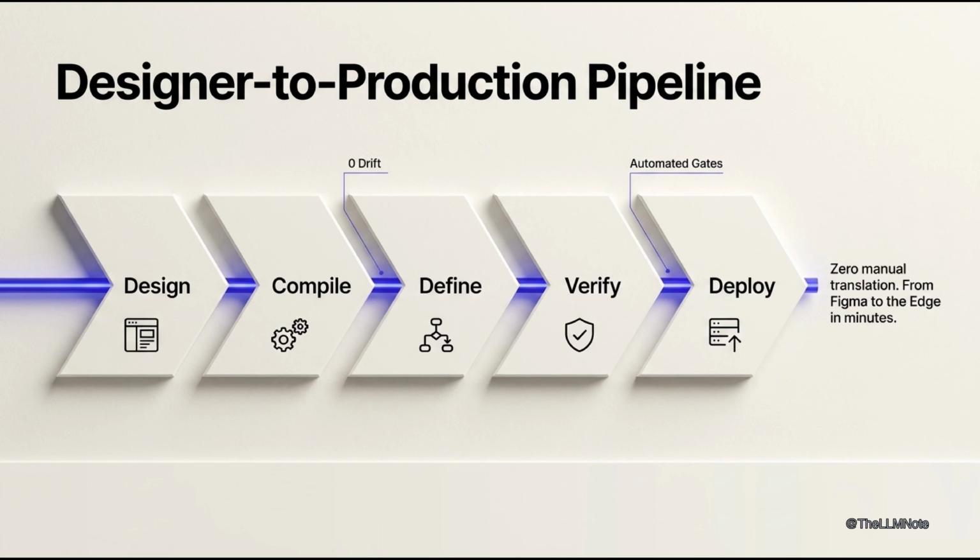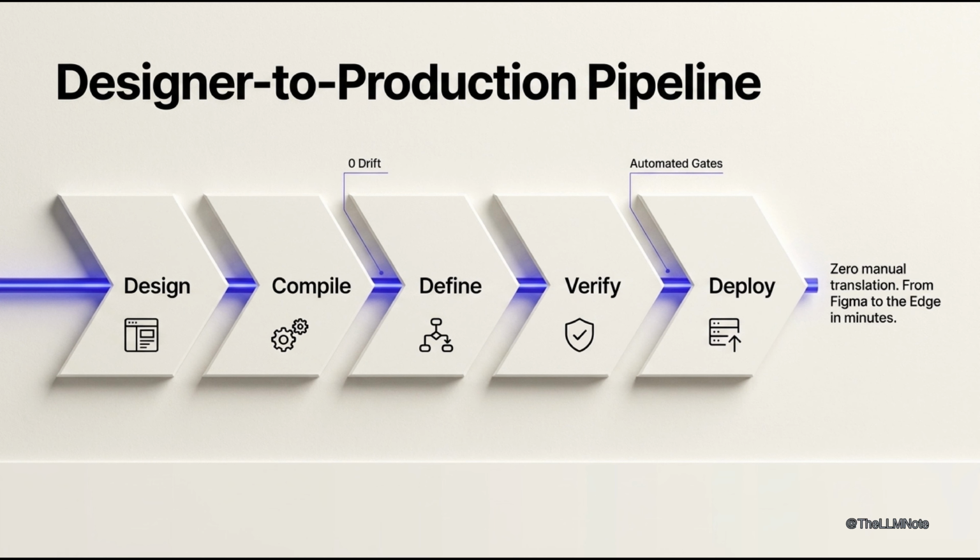Think about this for a second. The designer-to-production pipeline. Design tokens and component specs are exported from Figma as version-controlled artifacts. Compile: the schema engine generates typed contracts and component scaffolding. Define: state machines are visually authored and linked to contracts.